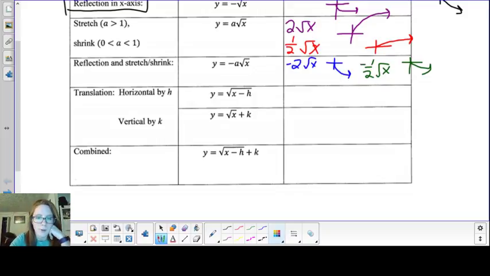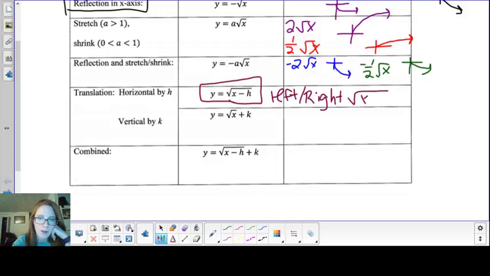When I'm dealing with pretty colors, when I'm dealing with a number underneath my square root, we go left or right. And I'm going to show a couple more examples of this in a moment.